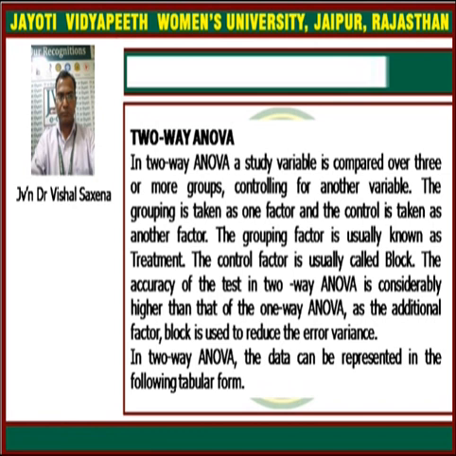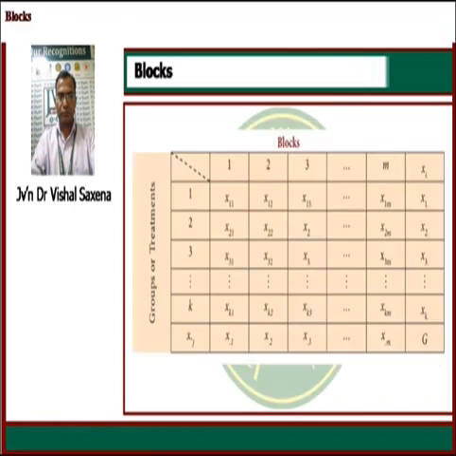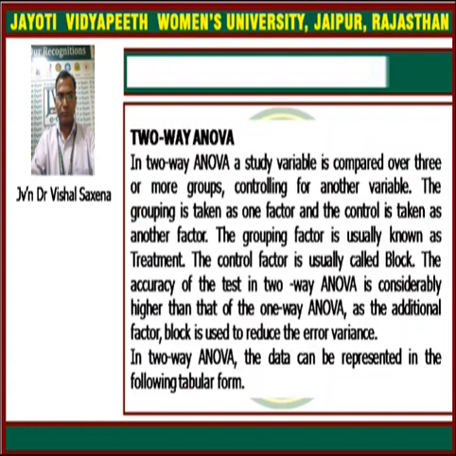And now we can share a slide. This table is formed for the groups or the treatments and the blocks. Block is one of the factors and groups or treatments are the other factor. Now we can apply the 2-way ANOVA to see the effect of such variables and the comparison of a study variable over 3 or more groups.